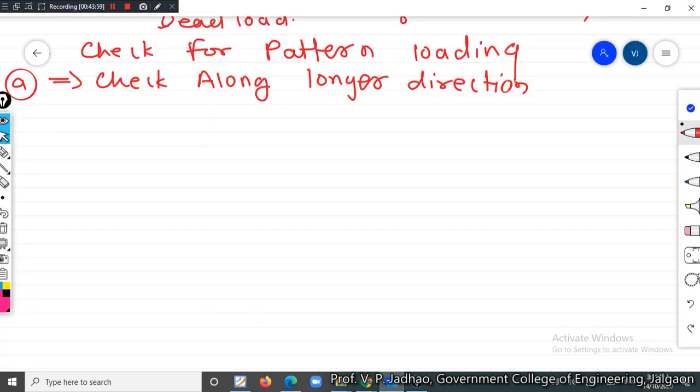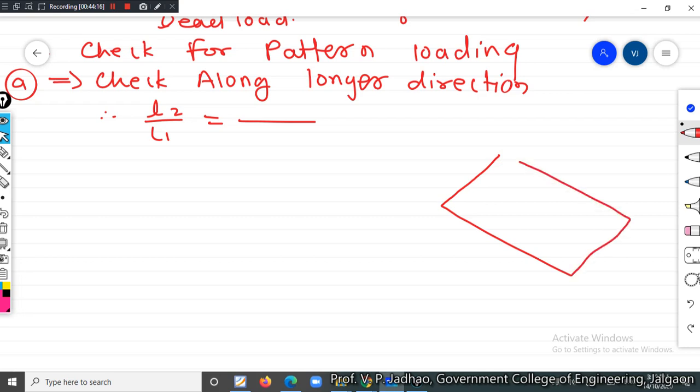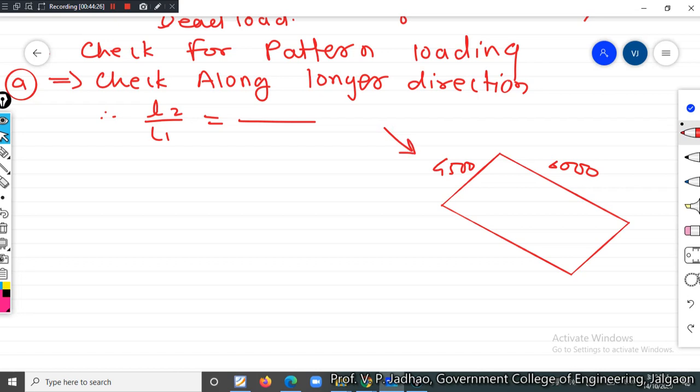Now for any case you have to keep in mind that for checking pattern loading, L1 will be the direction along which we are checking the pattern loading. We have the shorter direction as 4500 and the longer direction as 6000 mm, and we are checking the pattern loading along the longer direction.